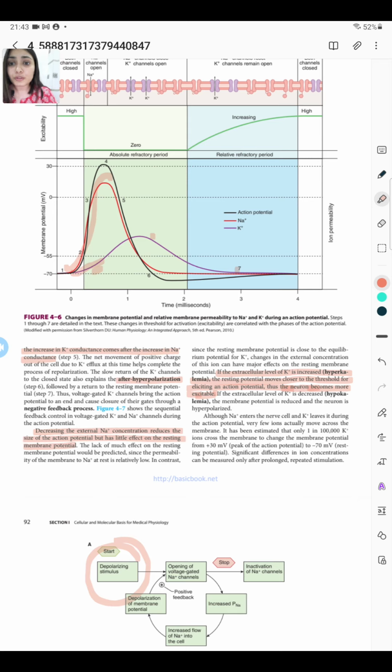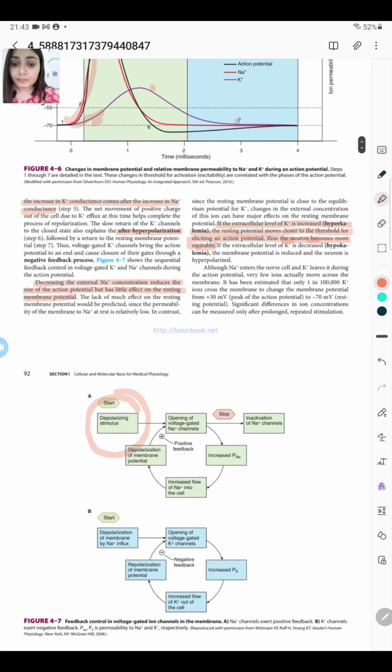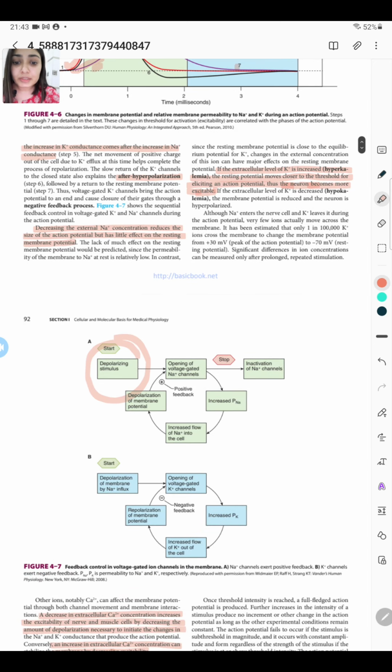They fall also really rapidly. As soon as the stimulus is gone, there is inactivation of the sodium channel after a certain point of time, because the conductance is very short lived.